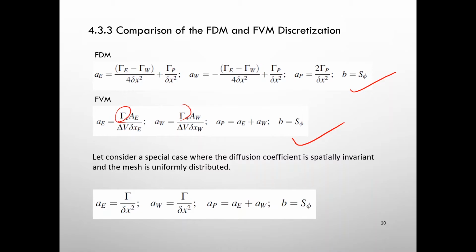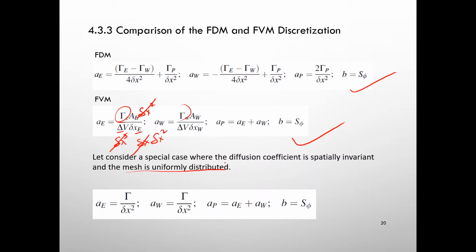If we take the mesh as uniformly distributed, this delta V is basically equal to del x to the power of 3, and this is equal to del x, and this is equal to del x squared. So basically they can be simplified or eliminated, and what you get is del x to the power of 2. The same goes for the one at the top.